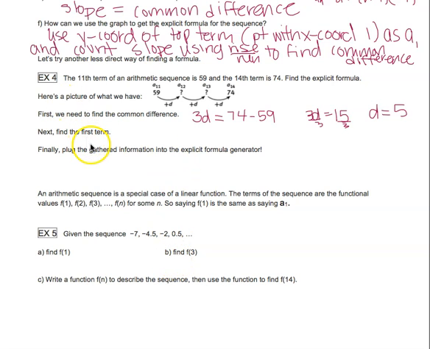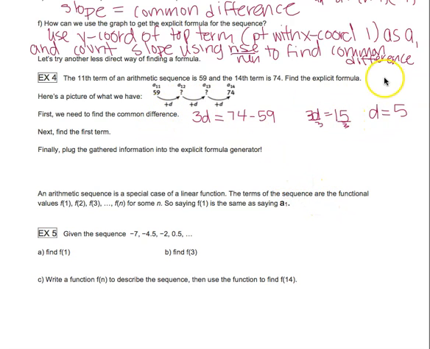So I can use this then to find my first term, because that means that I can continue to either work backward or manipulate using a picture, however you want to do it.